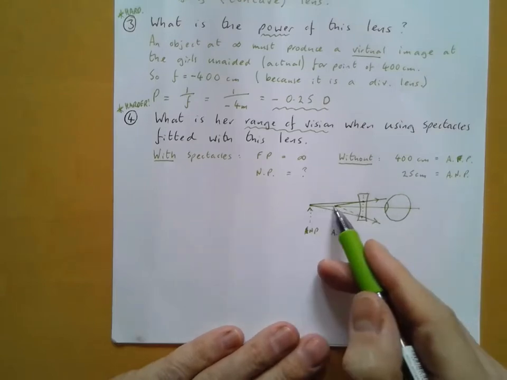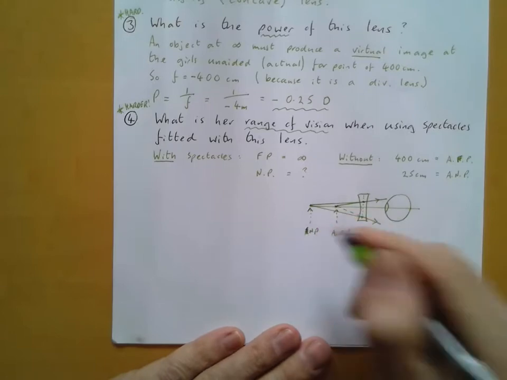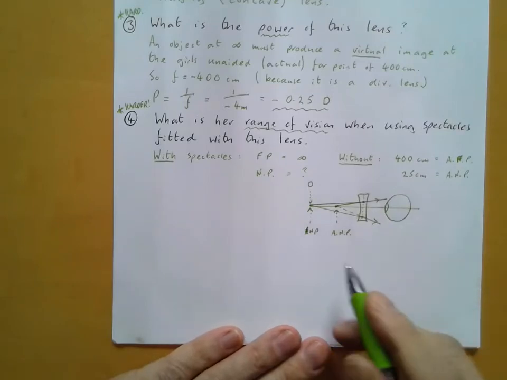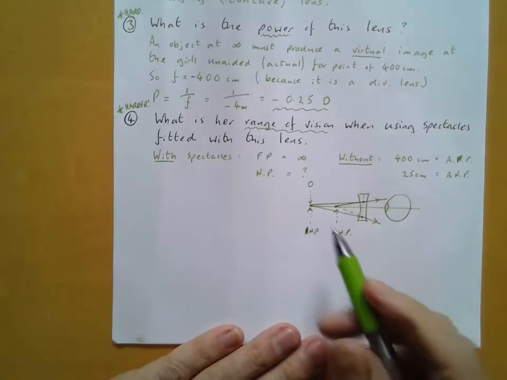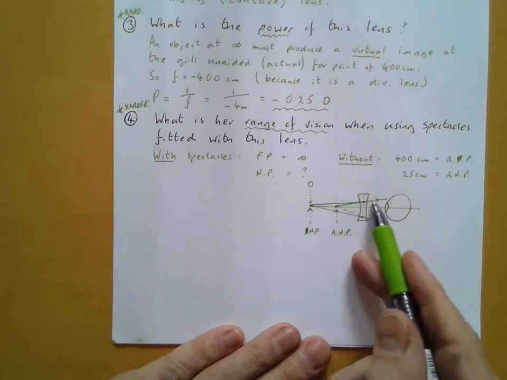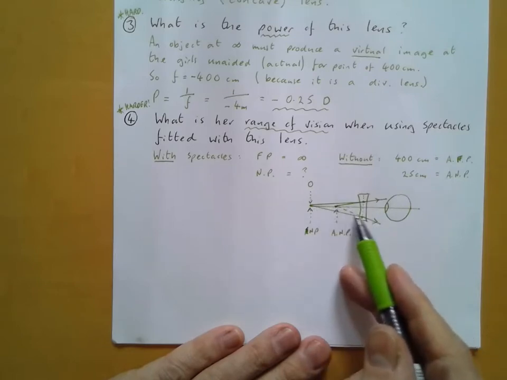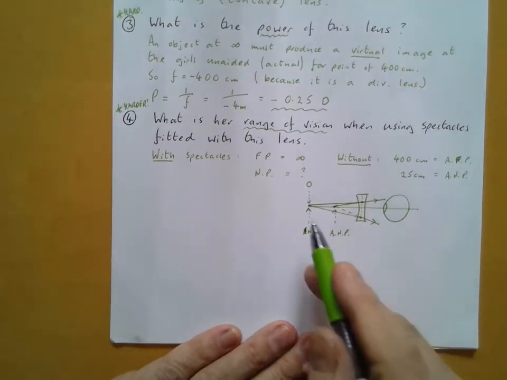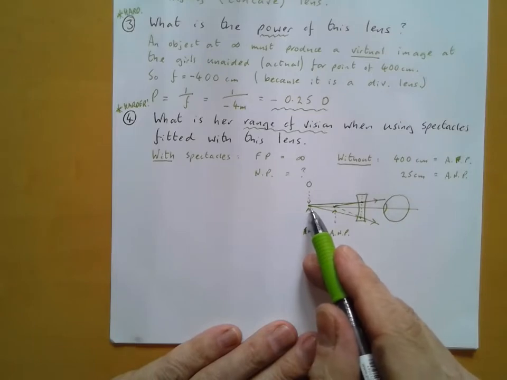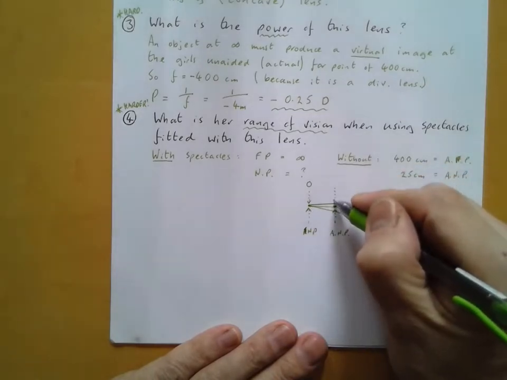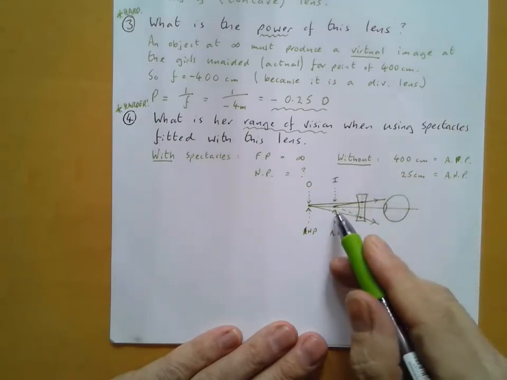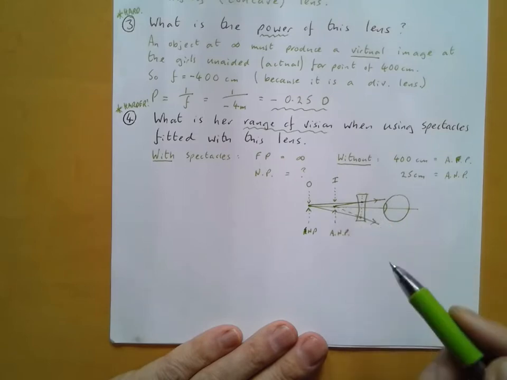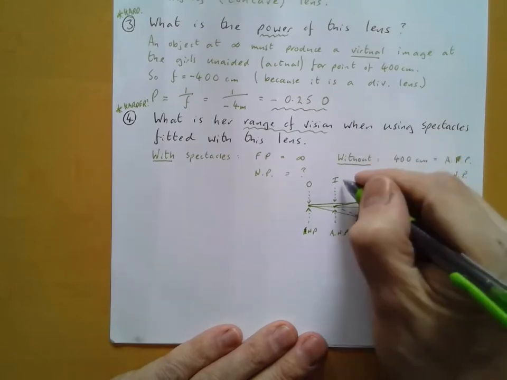But if we push the object a little bit further out to here, so this is the object, and we push it a bit further out, then rays from that object will be diverged so that they appear to come from the actual near point, and then she can deal with them. So in that case, what we'll have is an object a bit further out and an image which is a little bit closer in at the actual near point. But because the rays don't actually come from that image, it is a virtual image.